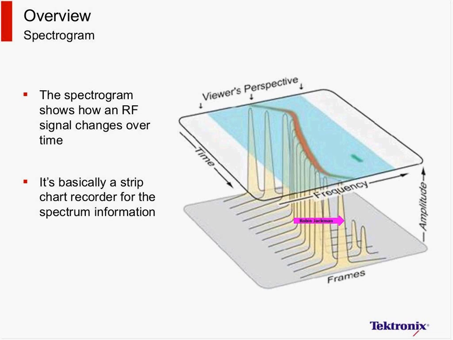It's still low frequency on the left and high frequency on the right, but it's now time on the y-axis, and color is amplitude, red being hot and black being cold. This essentially turns the display into a strip chart recorder and allows us to look at the changes in spectrum over time.